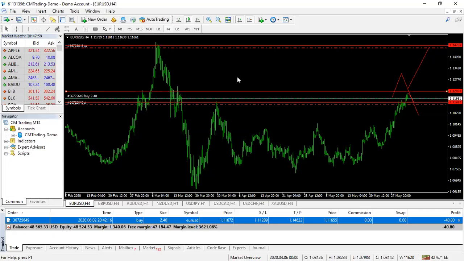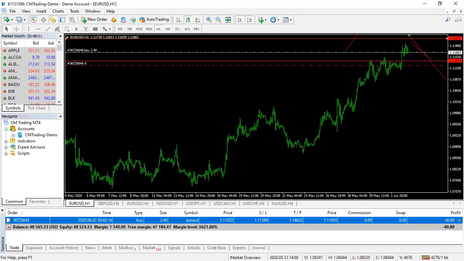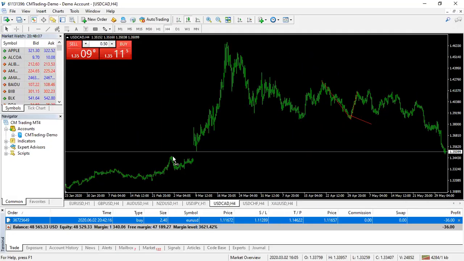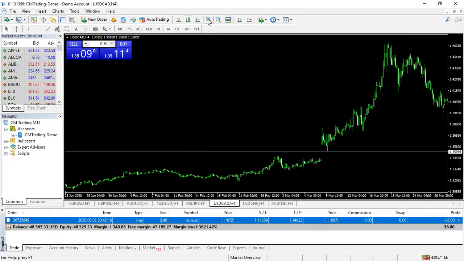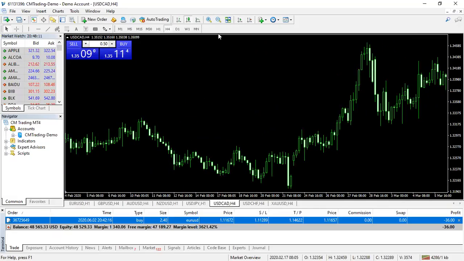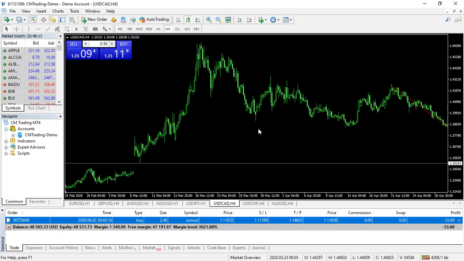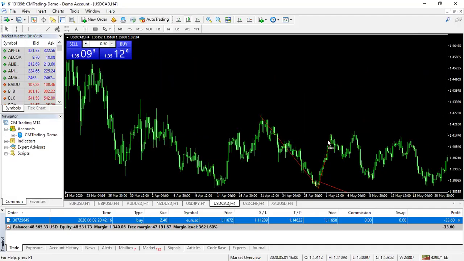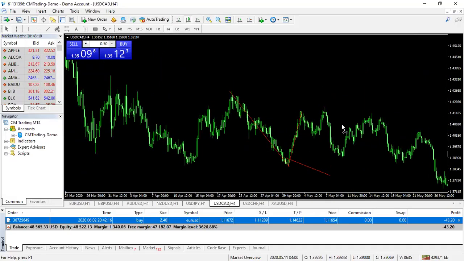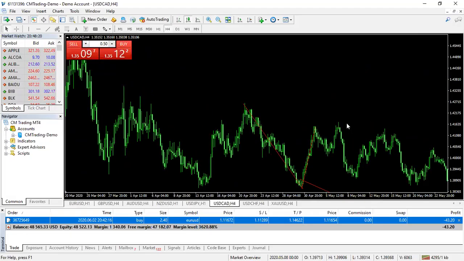Okay? So I hope I'm making sense on your part here, stop loss. So let's take, for example, a sell. So let's say we have this currency. So we have a short. We have entered the market, a sell.